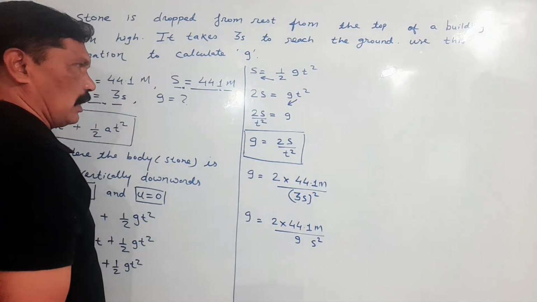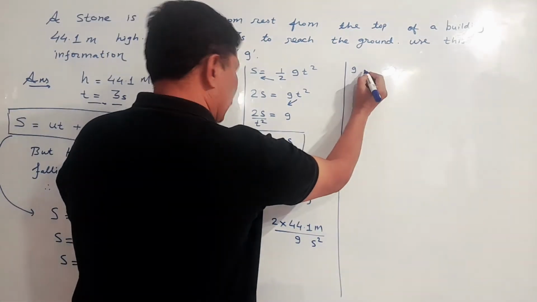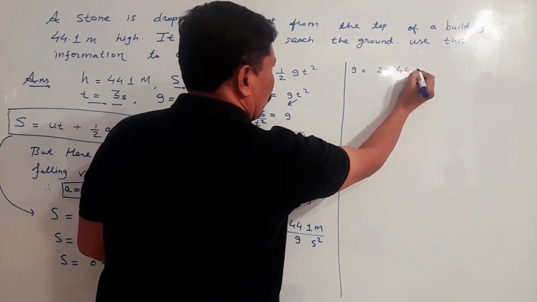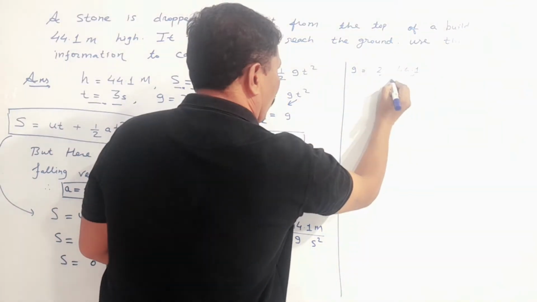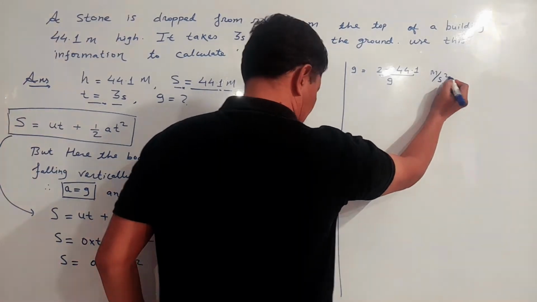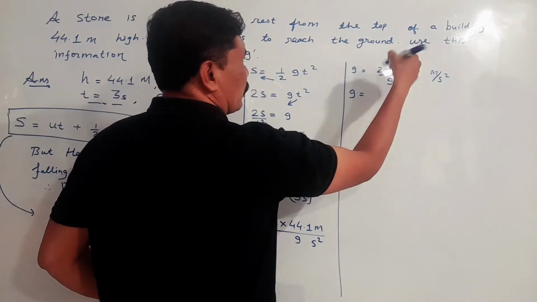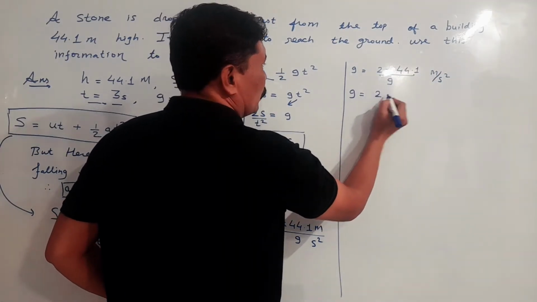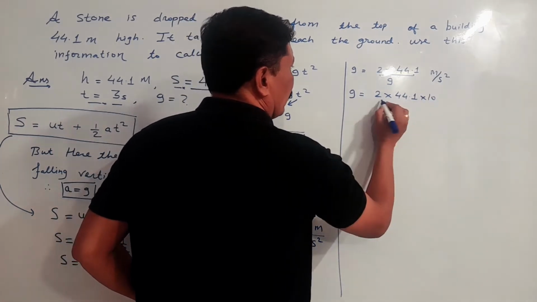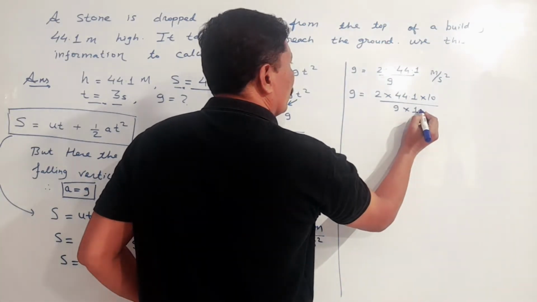So my dear student, now we will try to solve it. g is equal to 2 into 44.1 upon 9 meter per second square. g is equal to, now my dear student, we have to remove the decimal point. So we can do 2 into 44.1 into 10, and in the denominator also we can take it 9 into 10.